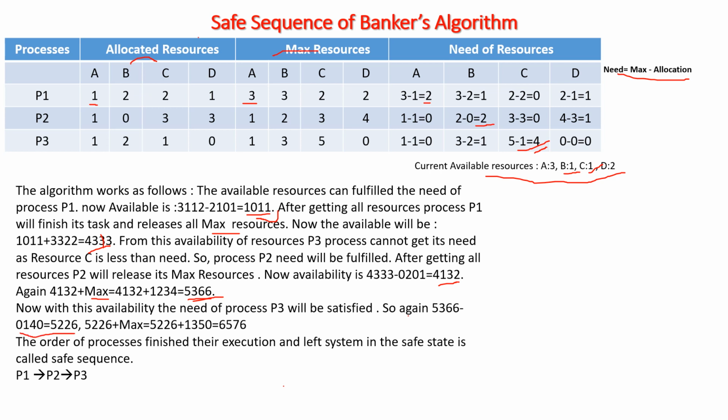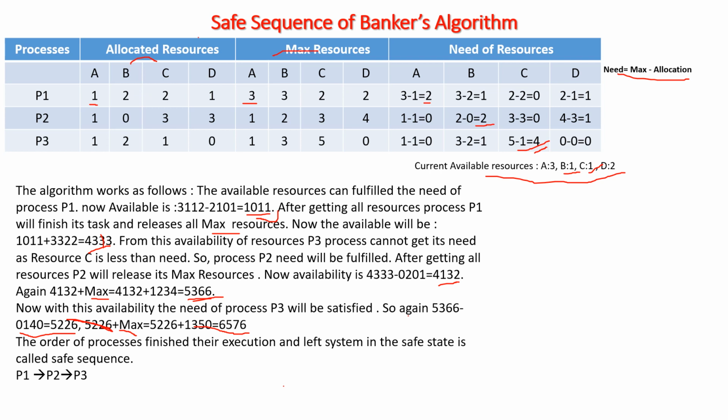So we are getting 5226, and that will be added with the maximum resources which are released by process P3, which is 1350. We are getting 6576.